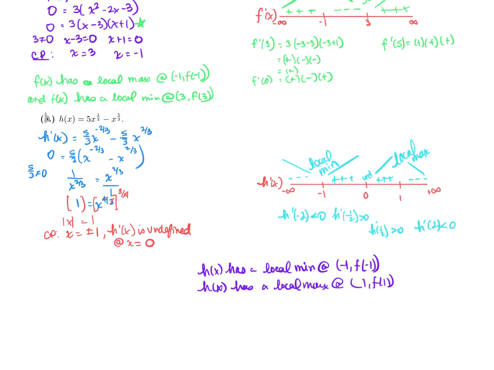And then the last one to say is that h of x has no extremum at 0, f of 0. And this is how we're going to look at increasing, decreasing, local maxes, and local mins from here on out.